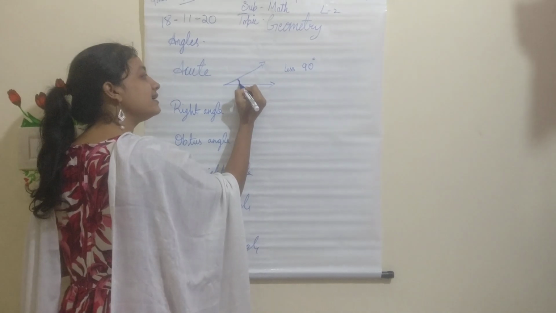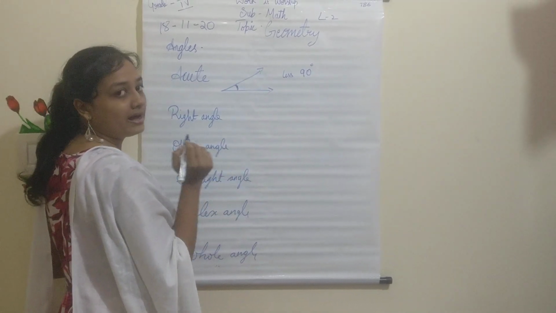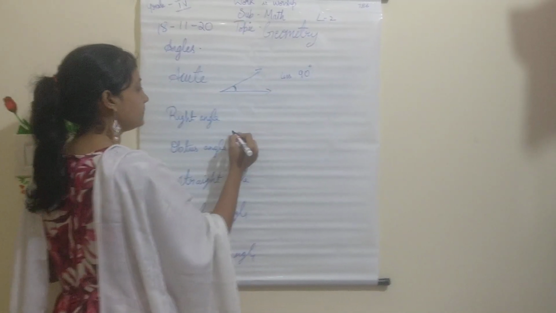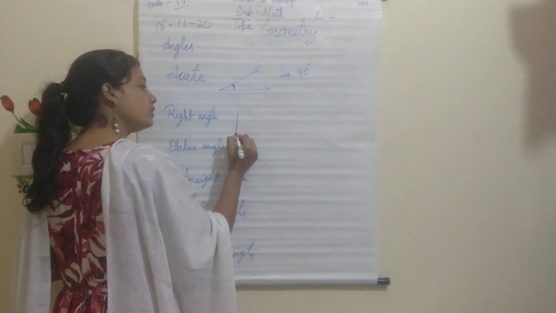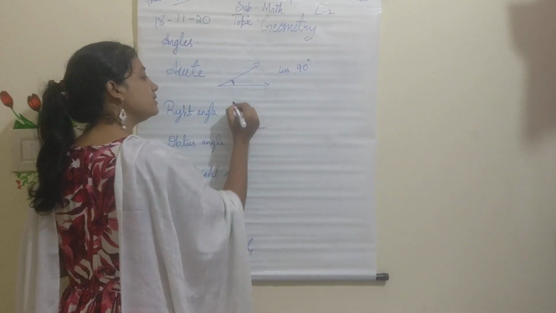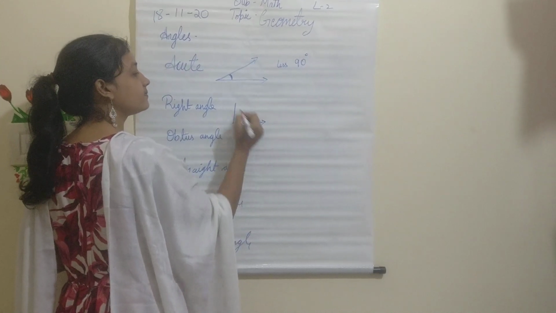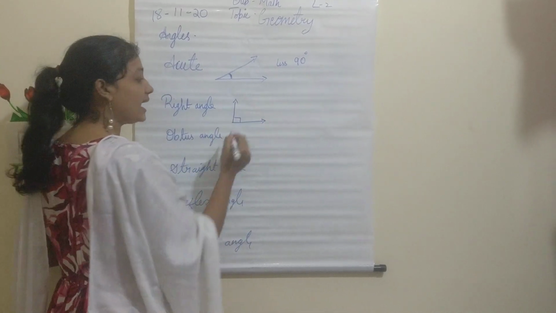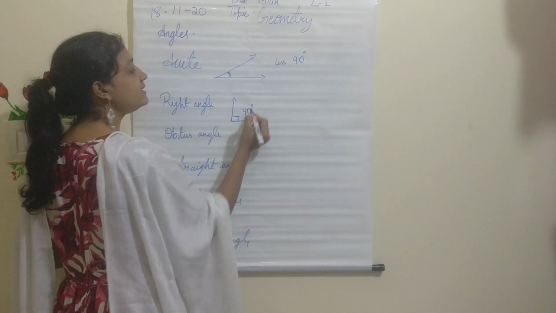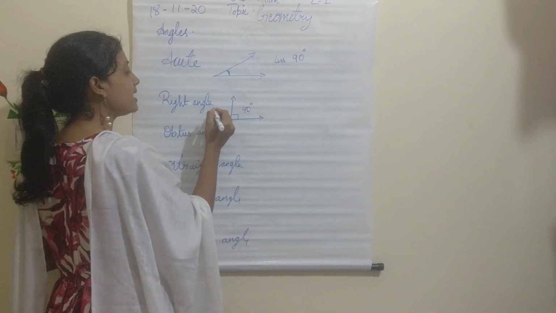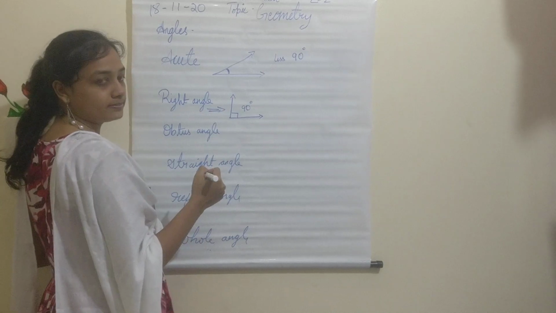The angle here, we call it as acute angle. So you all know this is 90 degree angle, right? When the two rays are exactly 90 degree, then we call it as right angle.